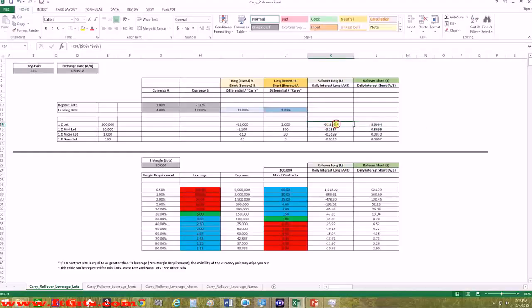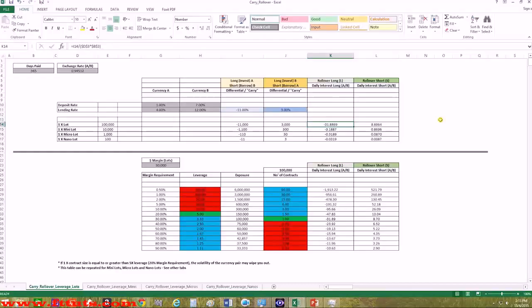Now with this situation, you have to start thinking in a similar way, because if you decide to go long the currency pair AB and you actually have no idea what the rollover situation is, so the interest rate differential worked out on a daily basis, then it's pretty obvious that if the volatility of the currency pair doesn't move by this amount per day, then you can quite easily make nothing per day.